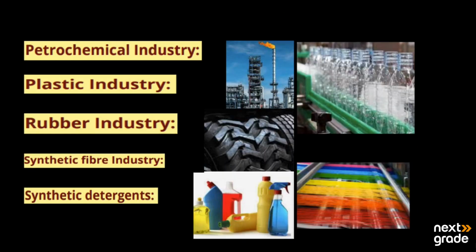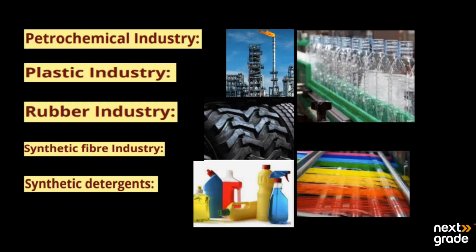So this is its second use. After that, we see how we can use hydrocarbons as a feedstock. The first one is the petrochemical industry. In the petrochemical industry, mainly all the organic compounds are prepared from hydrocarbons like petroleum and natural gas.